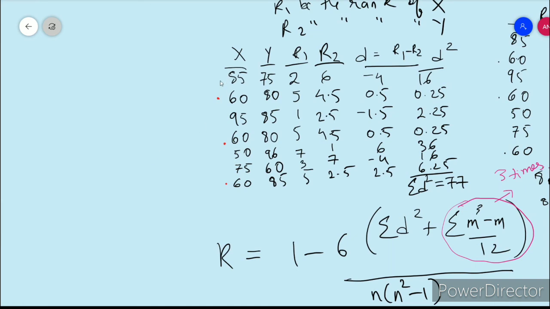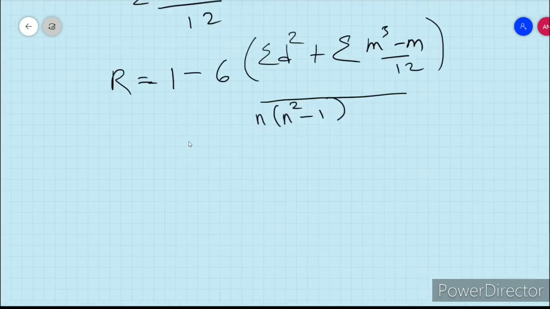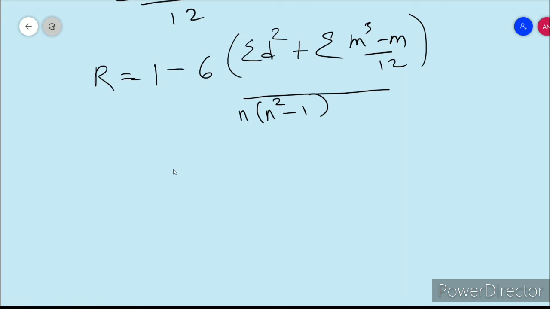We have 1, 2, 3, 4, 5, 6, 7. So n is equal to 7 because there are 7 pairs of x and y values. Your summation d square is 77. This part here is 3.